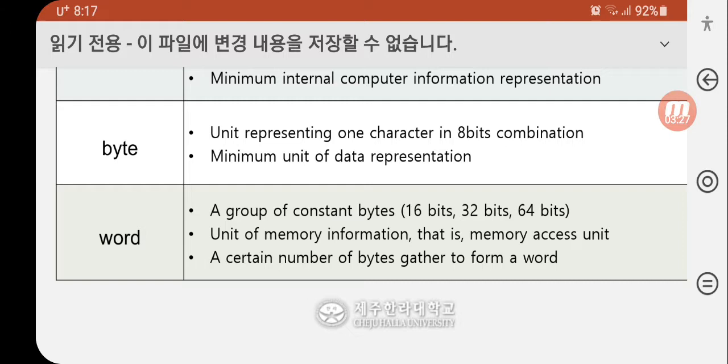That is a unit of memory access. What is a set of constant bytes? 16-bit or 32-bit or 64-bit. A unit of memory information, a certain number of bytes are gathered to form words.